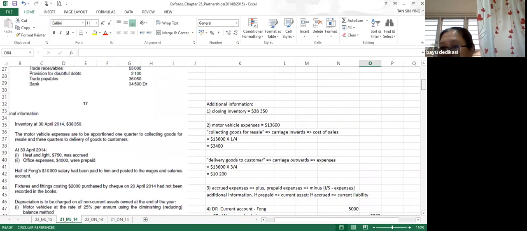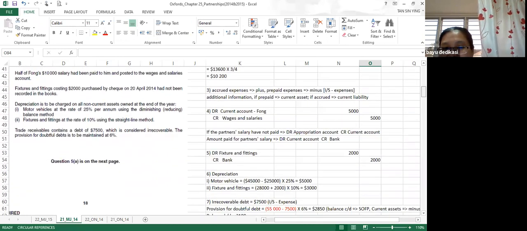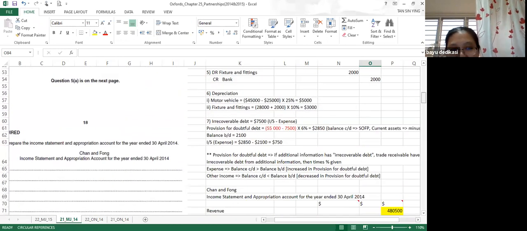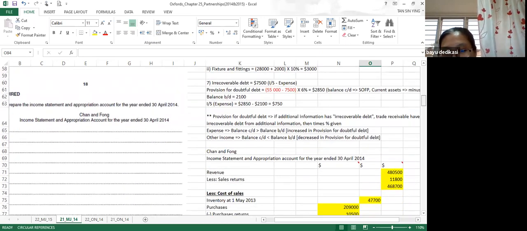Your office expenses, remember you got adjustment.